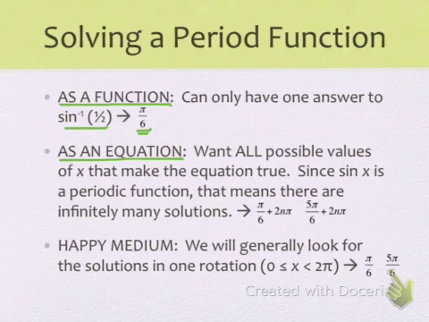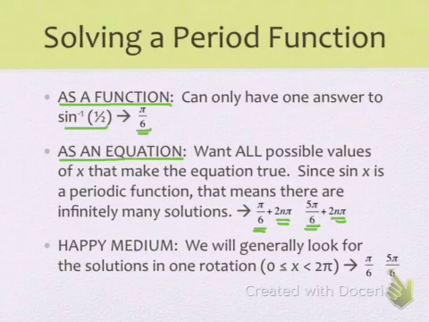We need all of the possible values that we can put in for x. So there's going to be infinitely many solutions if we're really looking for everything. Not only do we get the pi over 6 from our calculator, we also get the 5 pi over 6 from one period, and then of course we have everything else from adding 2n pi. Well, that seems like a bit much, and it could be a bit complicated.